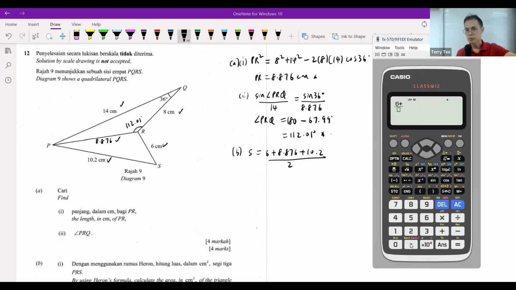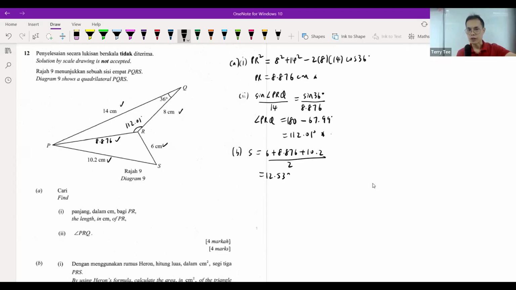6 plus 8.876 plus 10.2 divided by 2. My answer is 12.538. So my area will be, take the square root.